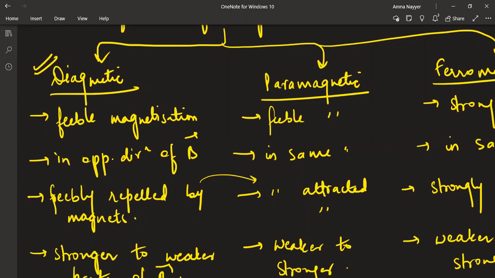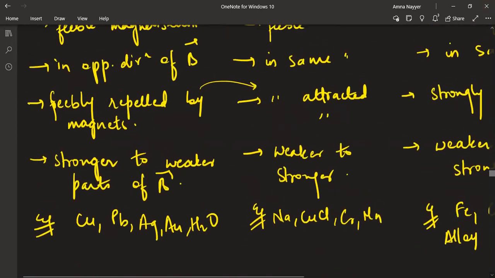Some examples you can remember, like bismuth, copper. So copper, lead, silver, gold, sodium chloride, these are all examples of diamagnetic substances, because all the three states of matter can exist there.